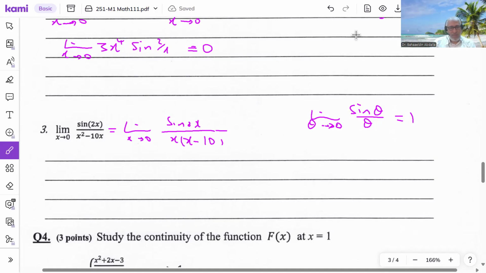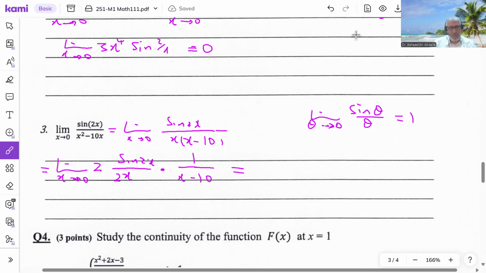And now this limit, I can write as follows. I can write it as sine 2x over x, times 1 over x minus 10. And now I need to use this fact, so I need 2 here. So I'll multiply by 2 here. So 2 over 2 is 1.